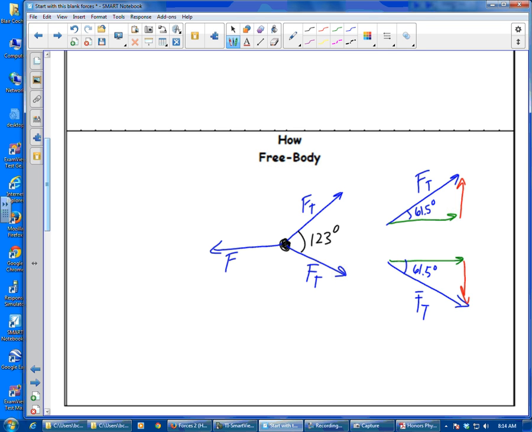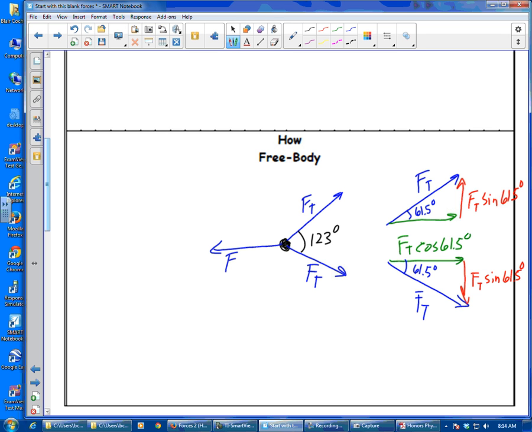All right. And now I can label those components. Both of these would be the same. They'd be F_t cosine of 61.5 degrees. And then my reds, nicely balanced there, F_t sine 61.5 degrees and F_t sine 61.5.